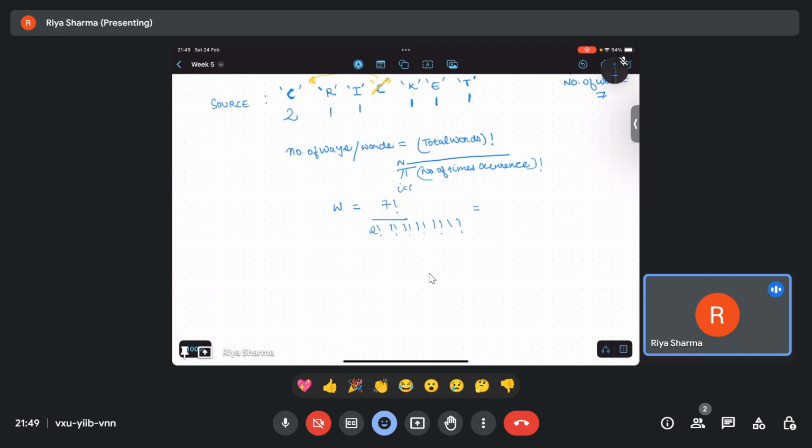The answer will be 7 into 6 into 5 into 4 into 3 into 2 into 1, and here it will be 2 into 1. So this part will cancel by this. You should solve it.